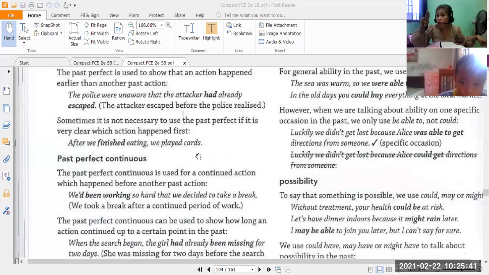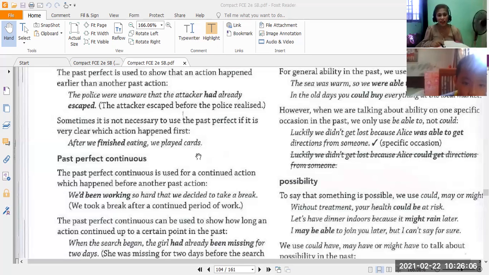Quite the same. Past perfect is earlier. Past perfect continuous is before another past action. You understand? In vernacular, it's kasabot, in the Filipino language.